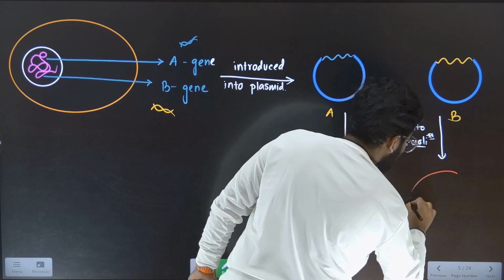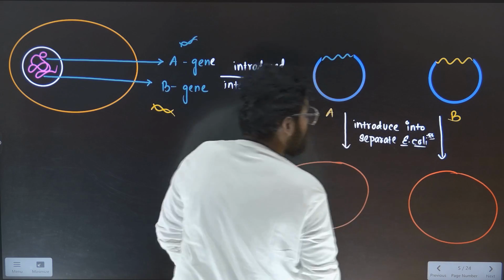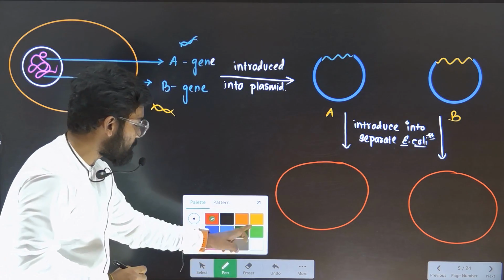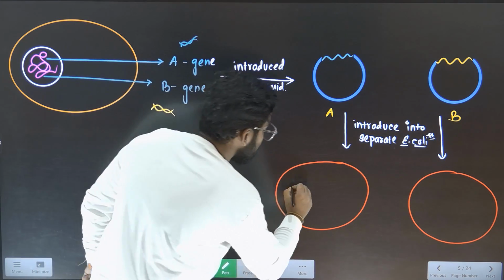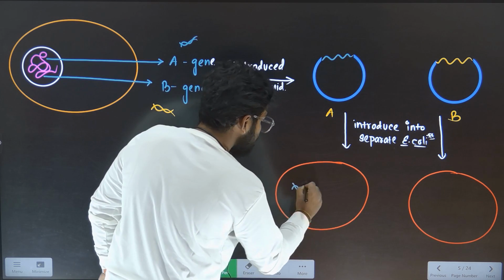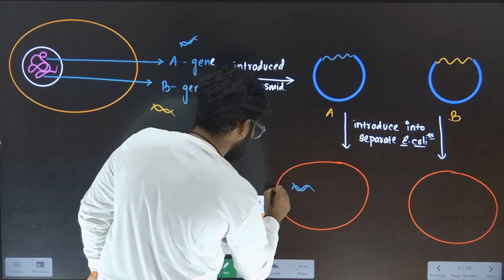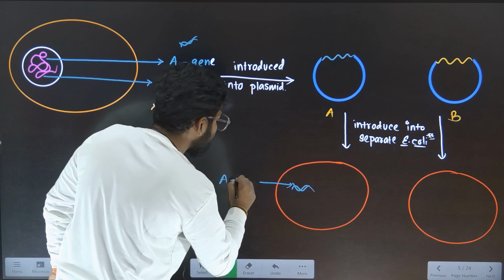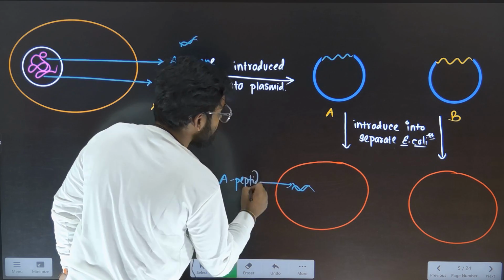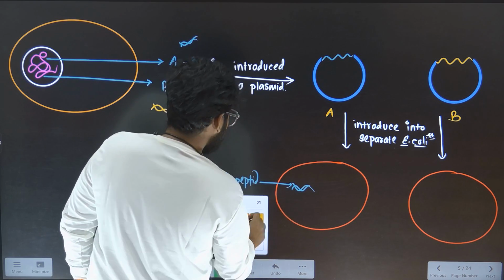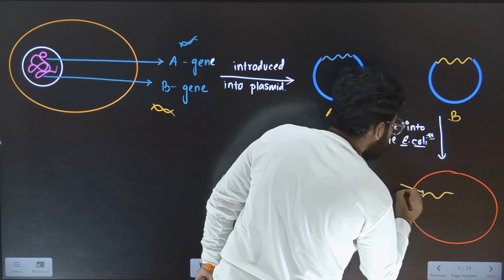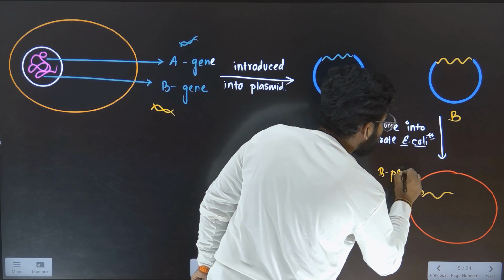This is another E. coli. Now within these two E. coli separately we are introducing this gene, this is for A peptide, and say this one, this is for B peptide.